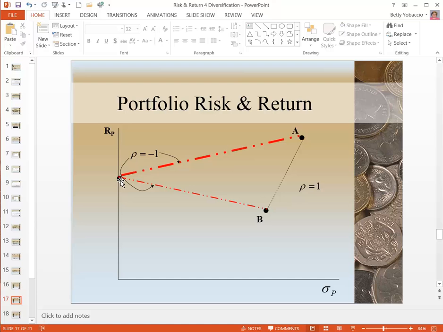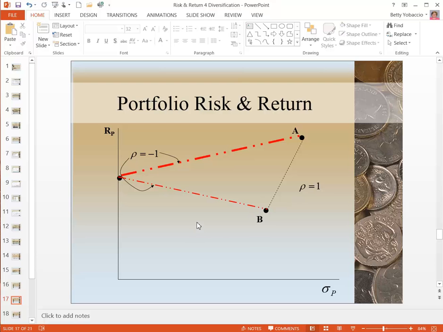However, deviating away from those low-risk weights, we can have return standard deviation combinations anywhere along this line segment.